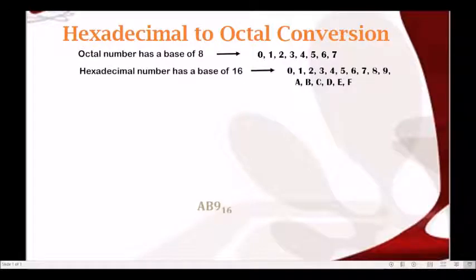So for example, we are given here a hexadecimal number AB9. So we are going to convert this into its equivalent octal form. Okay, so how do we do this? The first thing that we're going to do to convert this hexadecimal number into its equivalent octal number is to convert it first into a binary number.